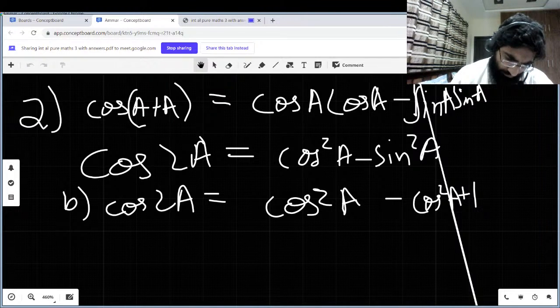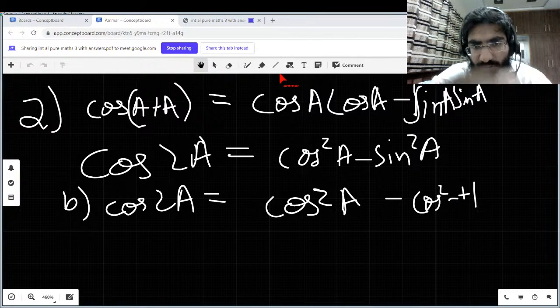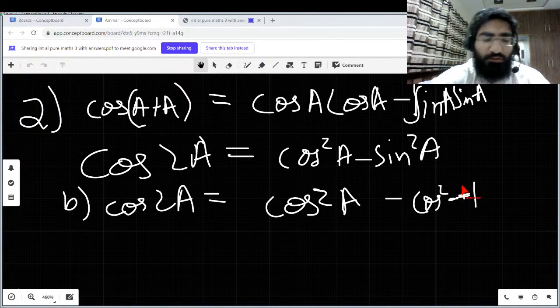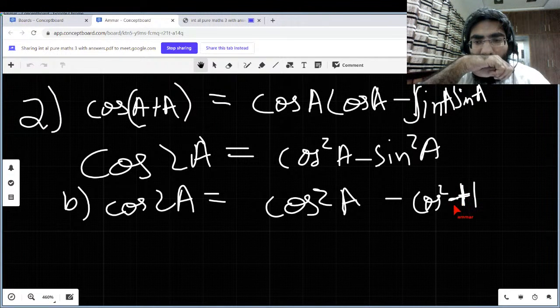No, sine squared A would be 1 minus cos squared A. That's what I wrote though.